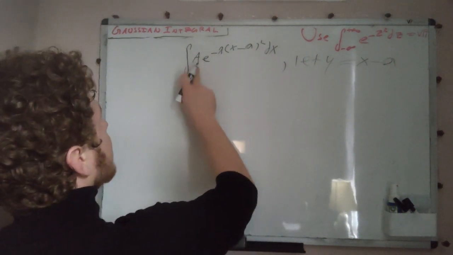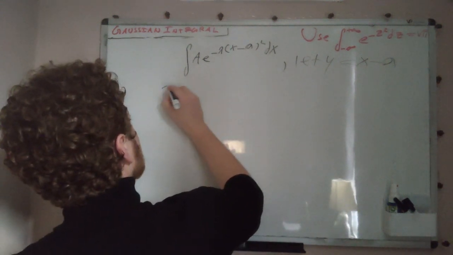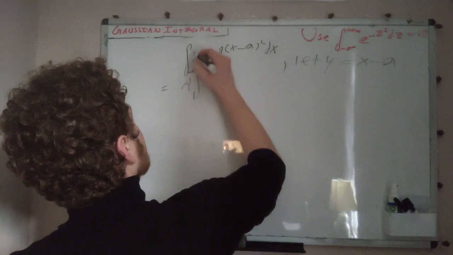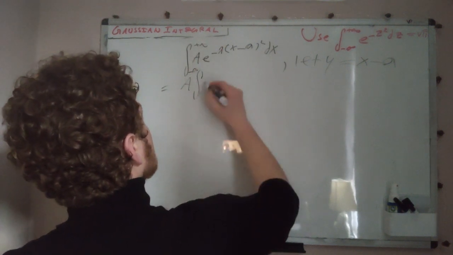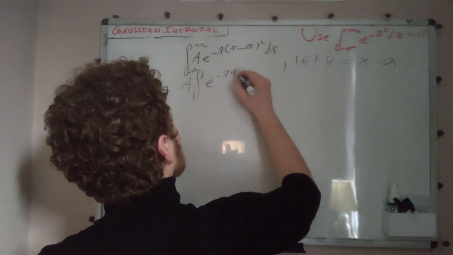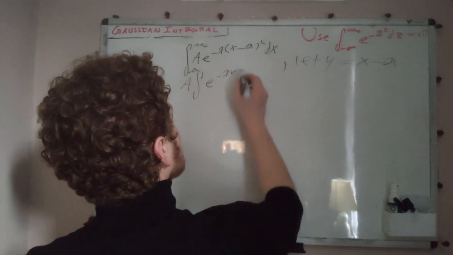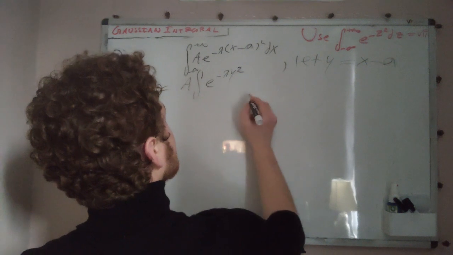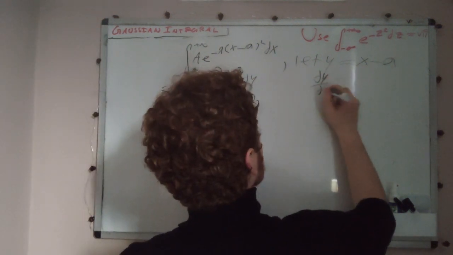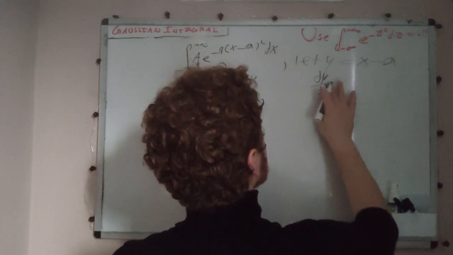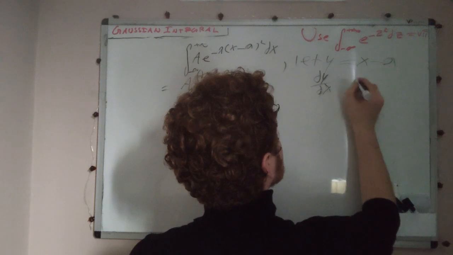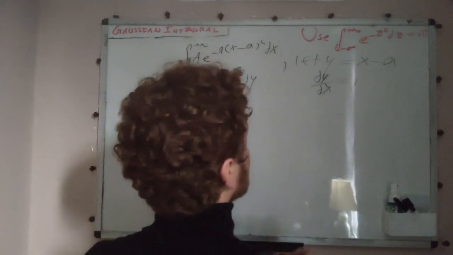Also, we can bring out this a here. I forgot the bounds. So e to the negative lambda times y squared, dy. Or this with respect to x is 1, so they're the same.